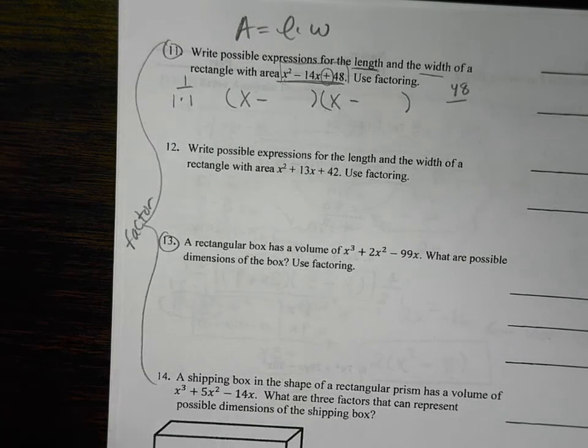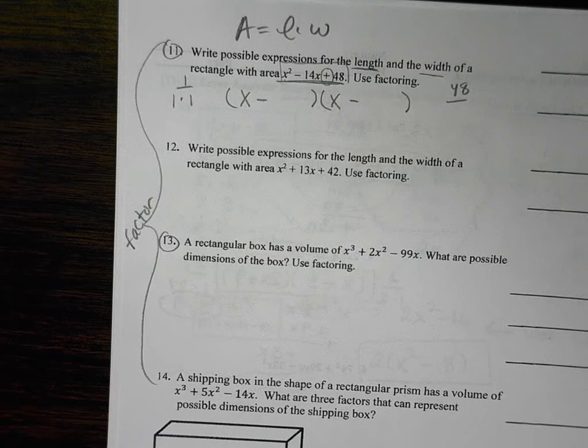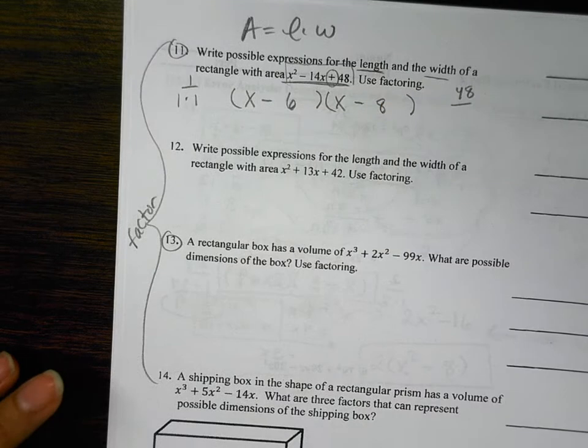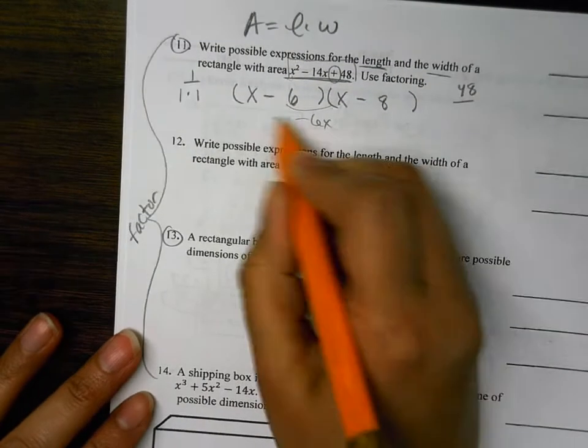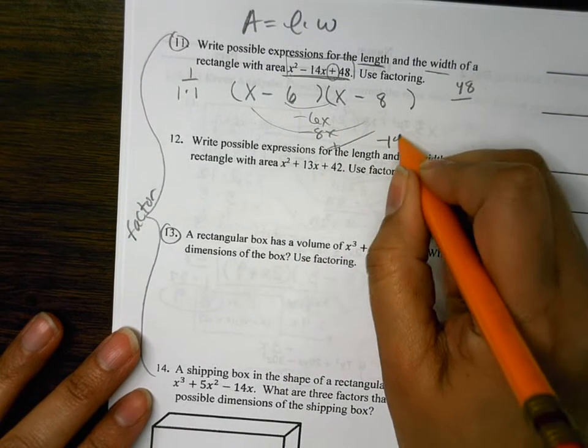It's a shortcut that also adds up to 14. Let me know when you guys have it. Please stop. Anybody have it? I heard somebody whisper it. 6 and 8. You guys should all be writing this down. This is your assignment. You get points for this. Okay. Check it. Negative 6x, negative 8x. Does that add up to the middle term? Yes or no?